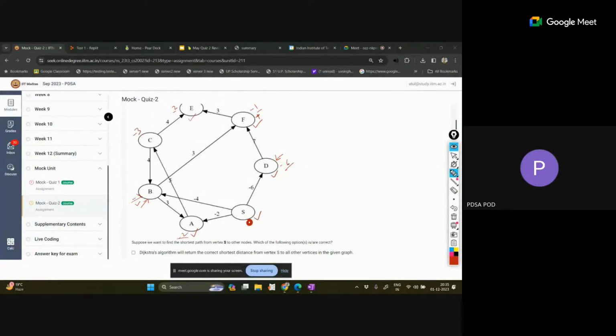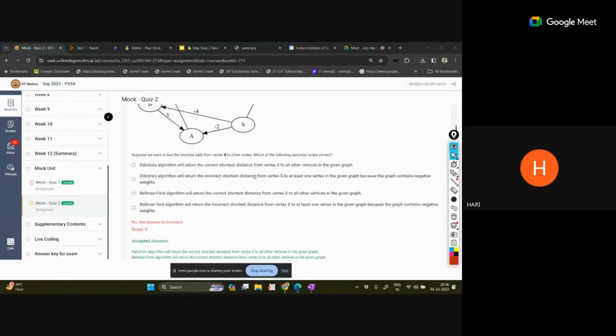So it will not create any problem in the Dijkstra process. I hope this is clear.